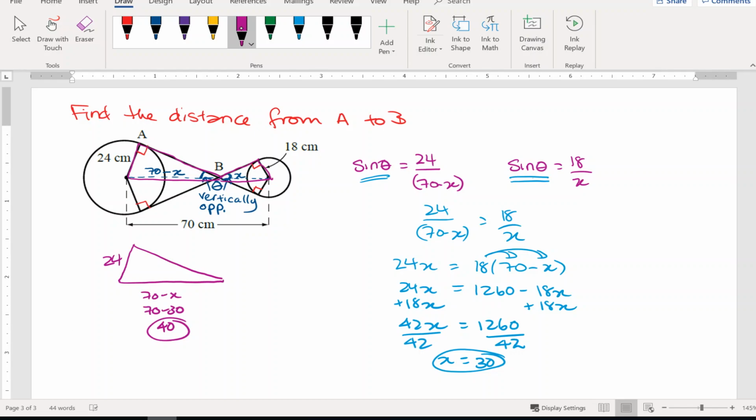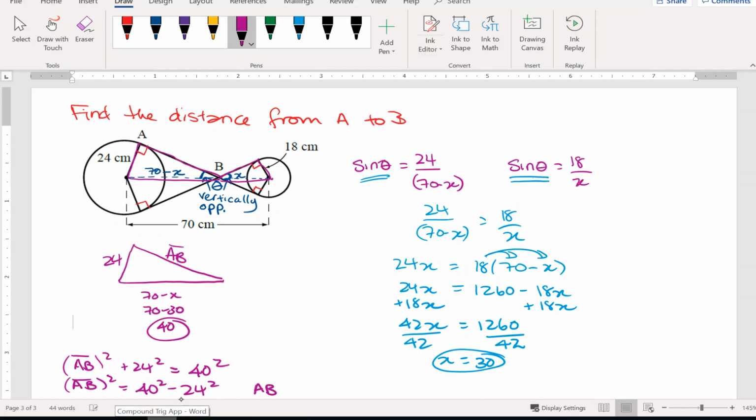Now we can use the Pythagorean theorem to find the length of AB. So we know that AB squared, this length, plus 24 squared is equal to 40 squared, which means that AB squared is equal to 40 squared minus 24 squared.